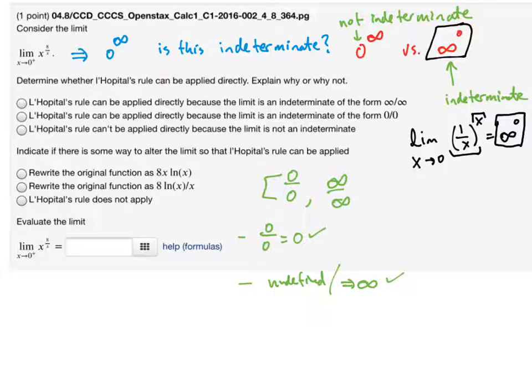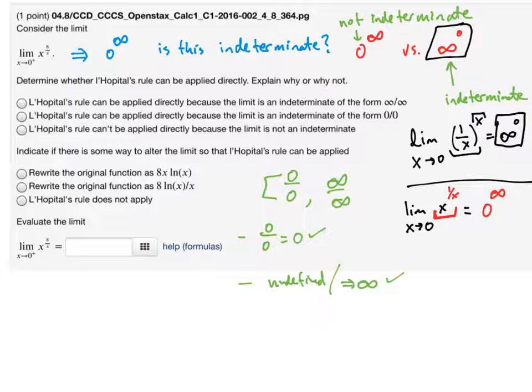But what about 0 to the infinity power? A simple example of that is the limit as x goes to 0 of x raised to the x. Sorry, I meant to write x to the 1 over x. By direct substitution, here we're going to have 0 raised to the infinite power. But again, because this is a limit, let's think about what's actually happening. As x goes to 0, the exponent here is going to infinity.